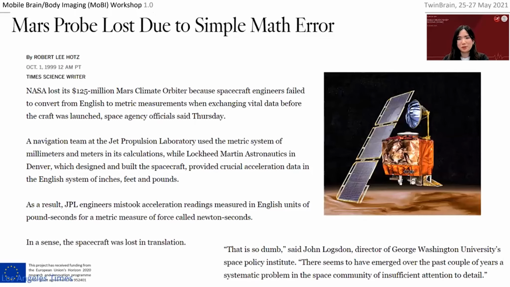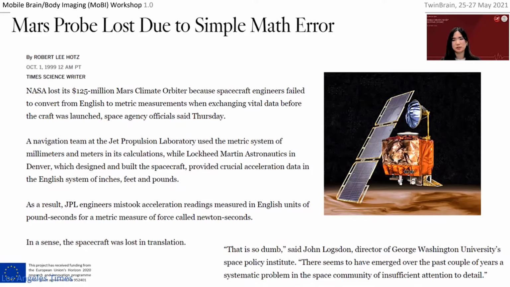Before we go into BIDS in neuroscience, we take a few seconds to bash astrophysicists. Something happened over 20 years ago. As the title suggests, a super expensive $125 million Mars orbiter went out of orbit. It says it was a simple math error, but in my view, this is more like a metadata error.